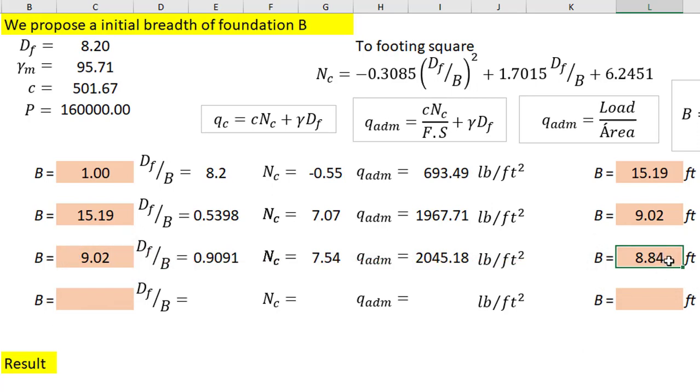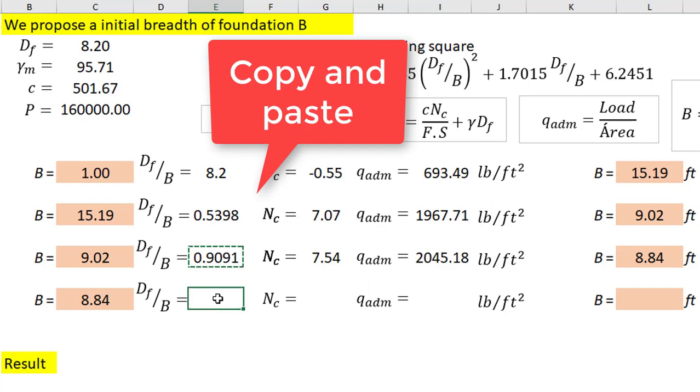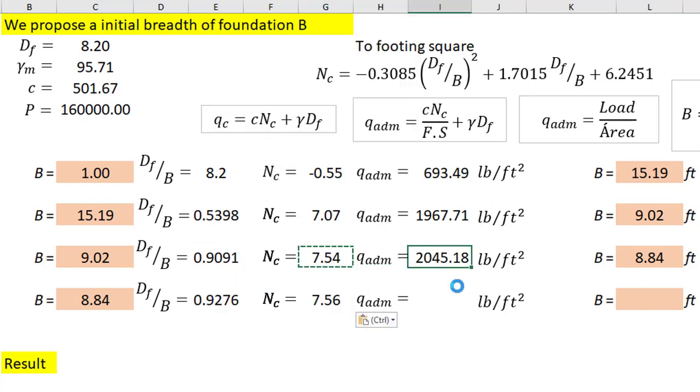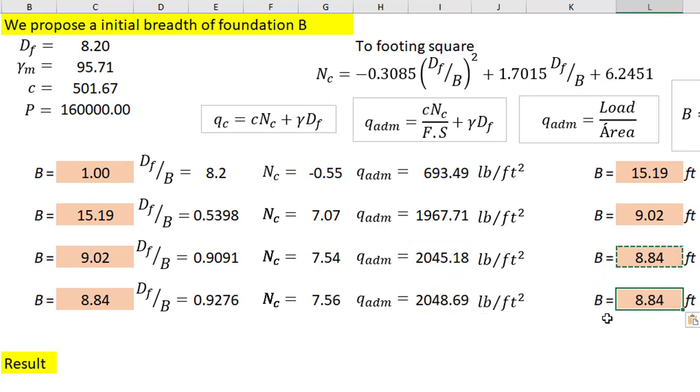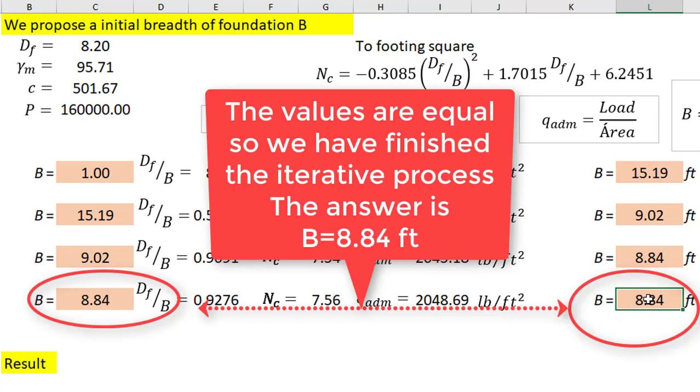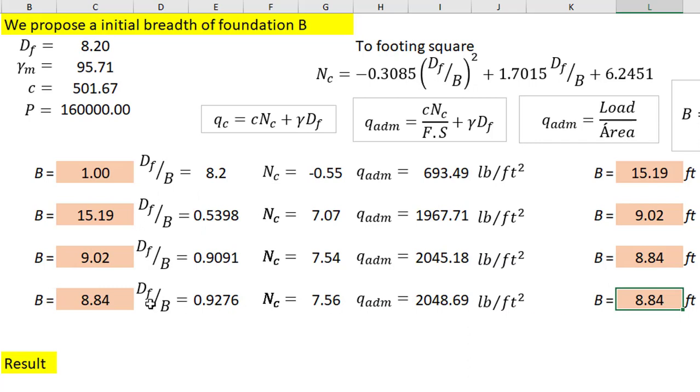Now with this value of B, copy and paste. Now this value of B is exactly the initial B we proposed, and then the process is ended.